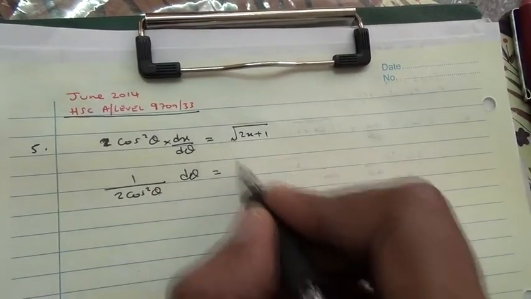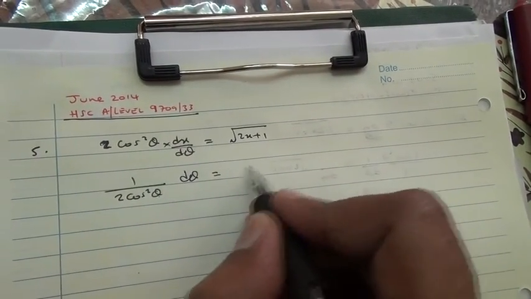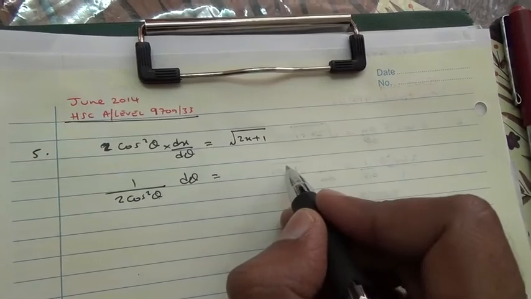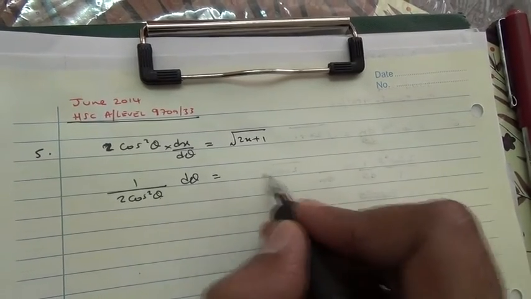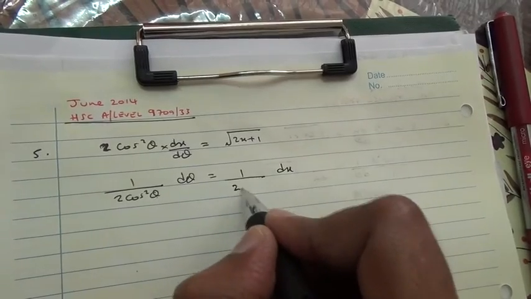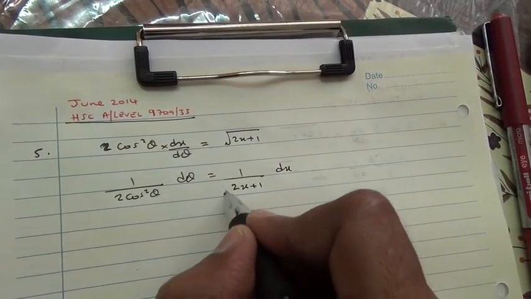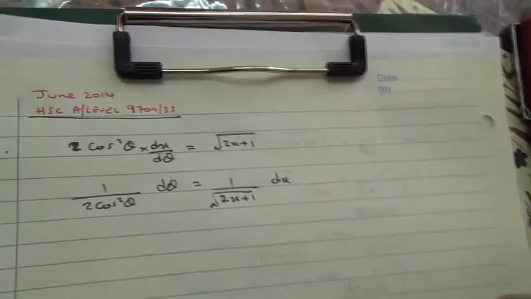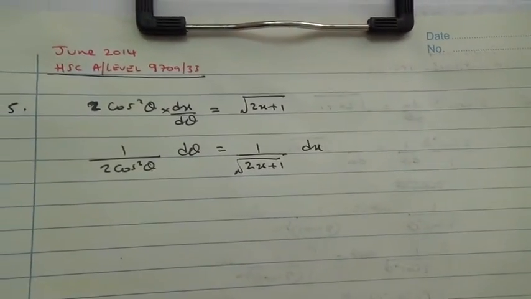When you send it to the other side, it's going to become root of 2x plus 1 times 1 over dx, but if we put dx on top, that's going to become 1 over the root of 2x plus 1. Therefore now from here we can integrate easily.